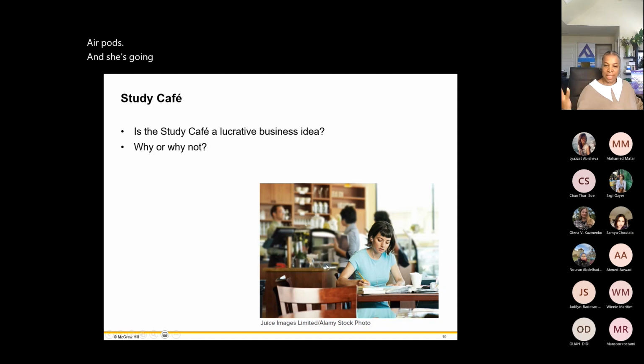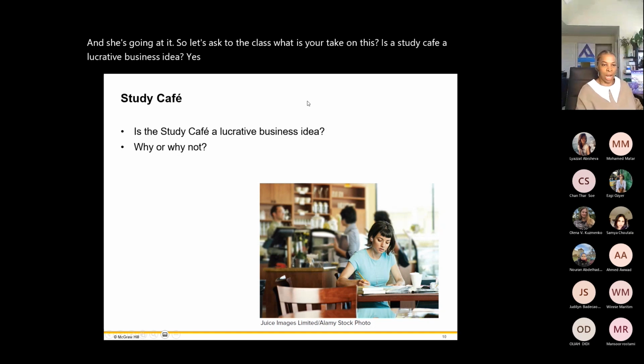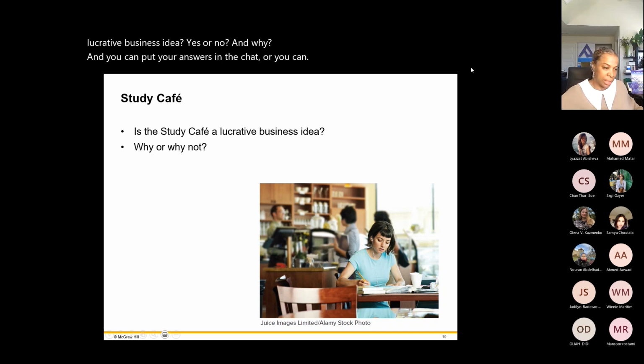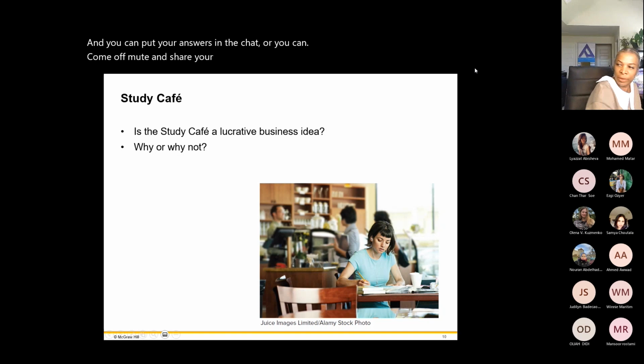So let's ask the class, what is your take on this? Is a study cafe a lucrative business idea? Yes or no, and why? And you can put your answers in the chat, or you can come off mute and share your answers with the class.